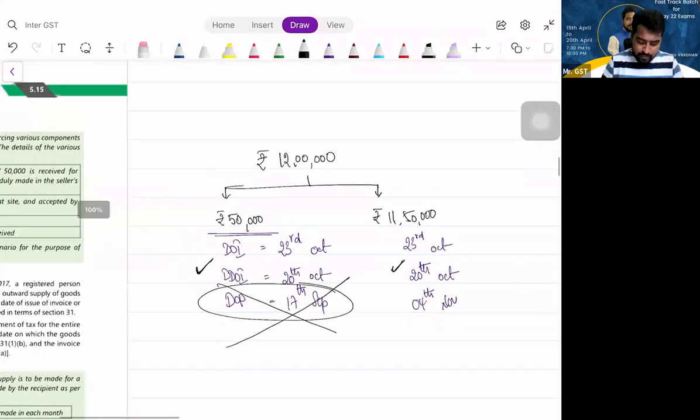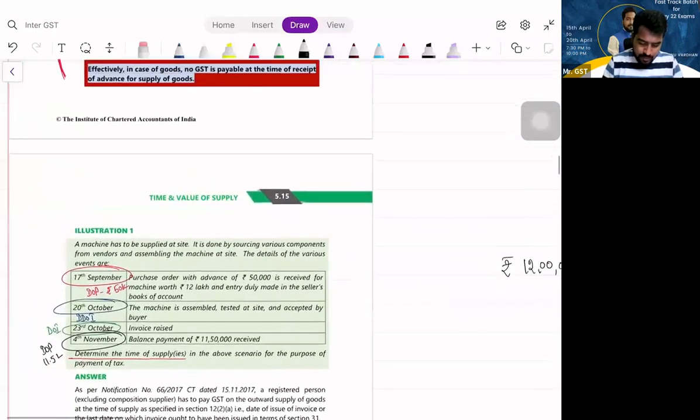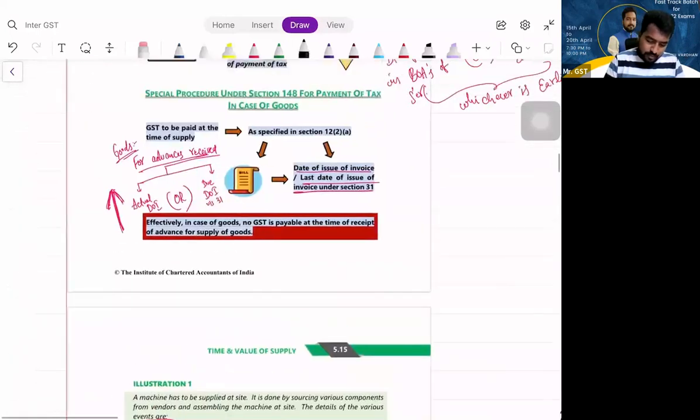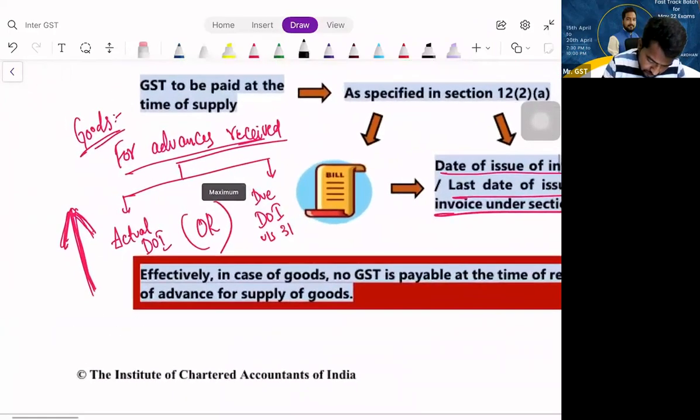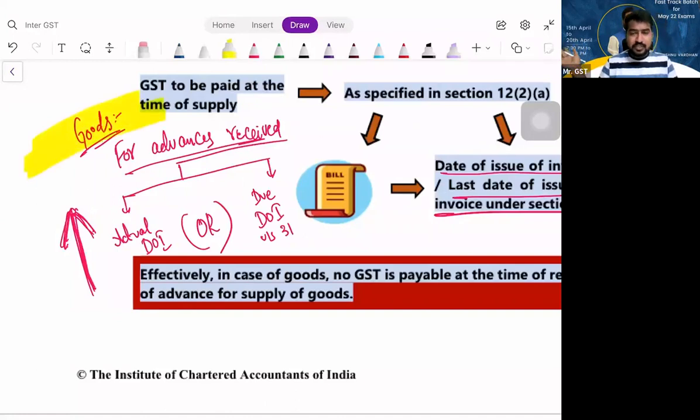That means, please copy this flowchart. For advances received in case of goods. This is only in case of goods, my dear friends, not for services. For advances received in case of goods, what is the time of supply?